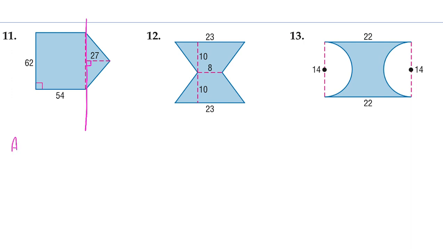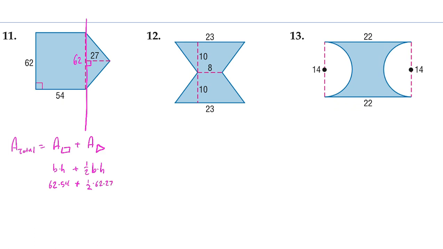So we have area total equals the area of the rectangle plus the area of the triangle. We have base times height plus 1/2 base times height. The base and height over here is 62 and 54. The 1/2 and the base and height over here is, the base is the whole 62 of the triangle, and the height is the 27. So 62 times 27.